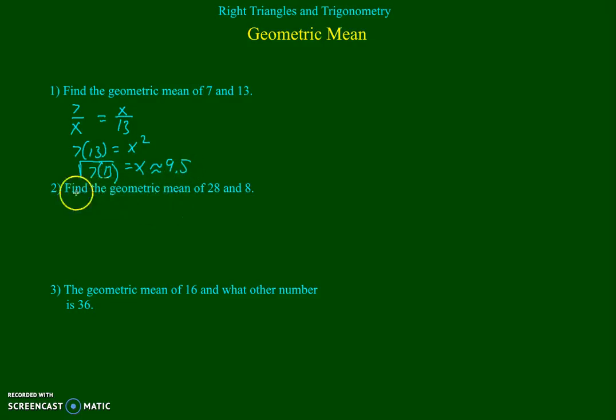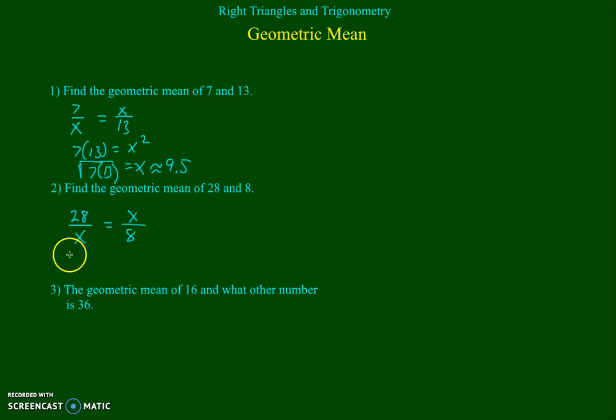In the next example, find the geometric mean of 28 and 8. Again, we're going to set up a proportion. So let's put a proportion here. We don't know what the geometric mean is, so it goes in the second and third proportional positions, and 28 and 8 are the extremes.